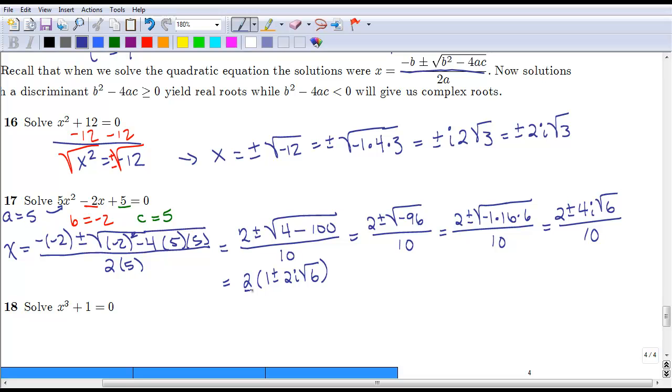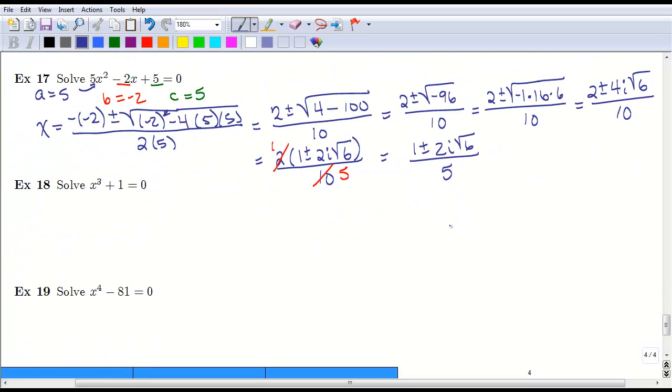There's an exponent there, divided by 10. And then this 2 divided by 10 would leave us with a 1/5. So our final answer would be 1 plus or minus 2i root 6 all over 5. And that's how you want to leave your answer, just like that. It is possible to find decimal approximations, but it is not necessary.